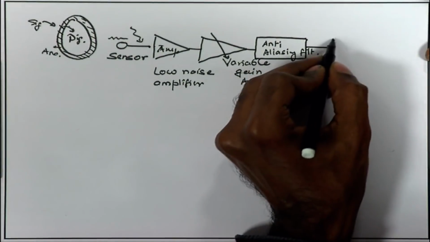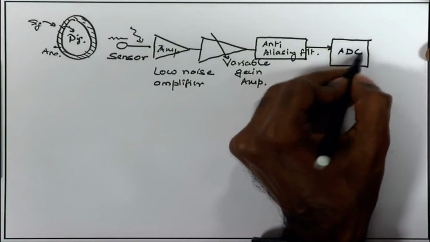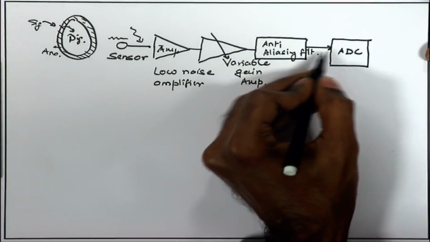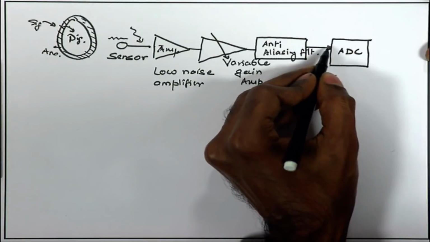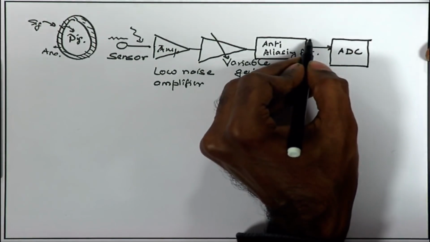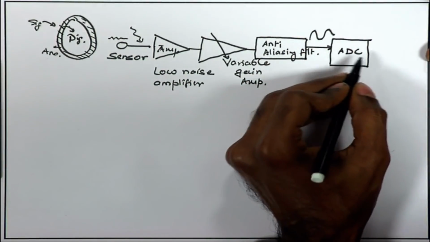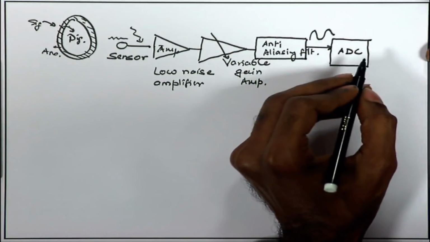After the filter, we have the A to D converter, which is supposed to digitize the conditioned and the processed analog signal being received at its input. The signal over here is already processed, amplified, filtered, noises have been taken care of.